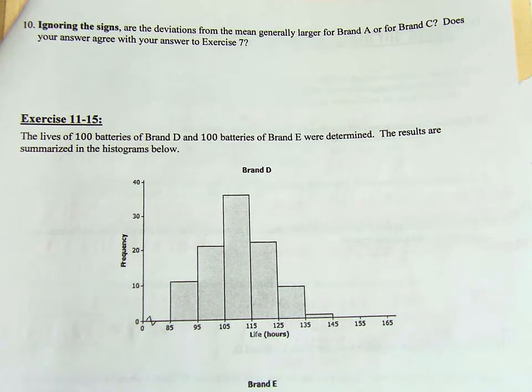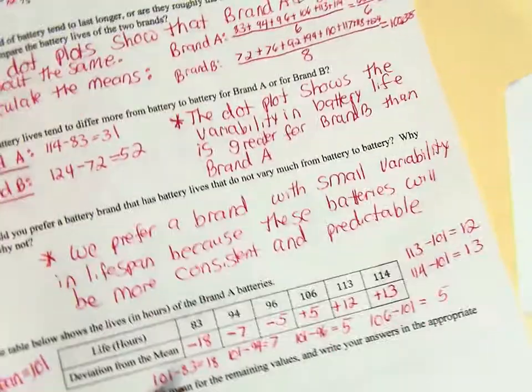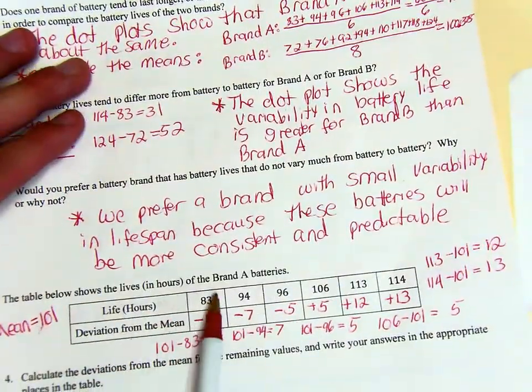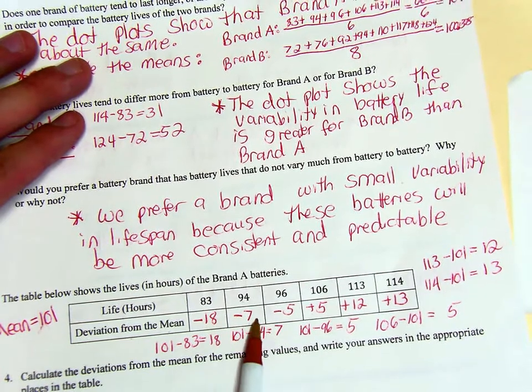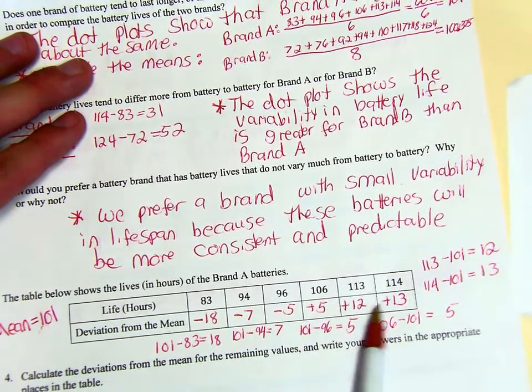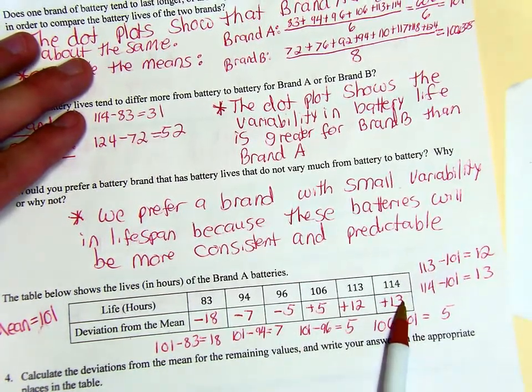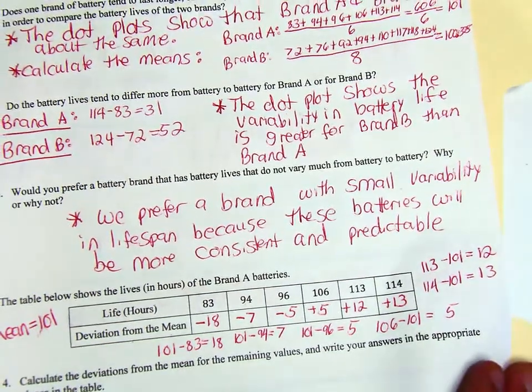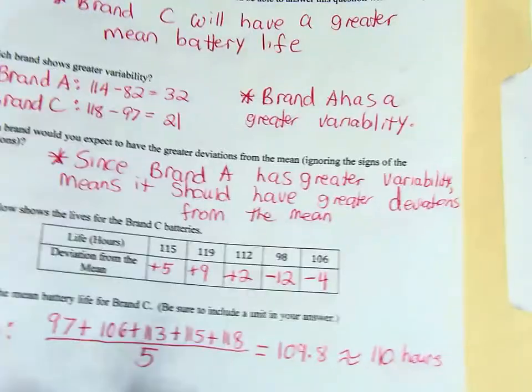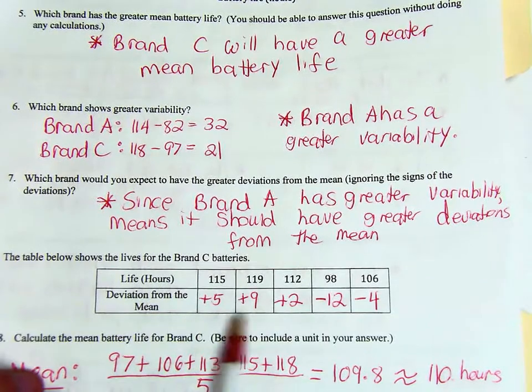So if we go back and we look at this, let's look at our variability. So here, we're ignoring the signs. Here's for brand A. We have 18, 7, 5, 5, 12, and 13. Okay? So now let's go look at the table for C that we had. For C we had 5, 9, 2, 12, and 4.